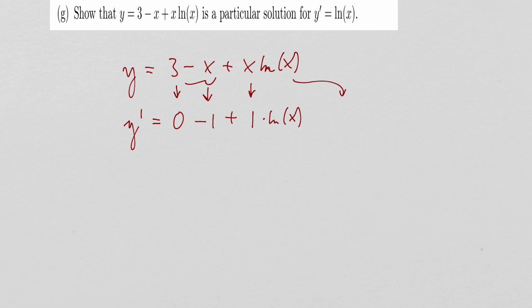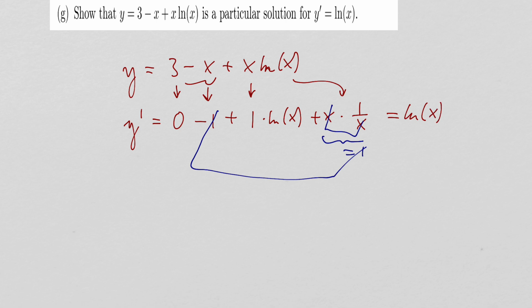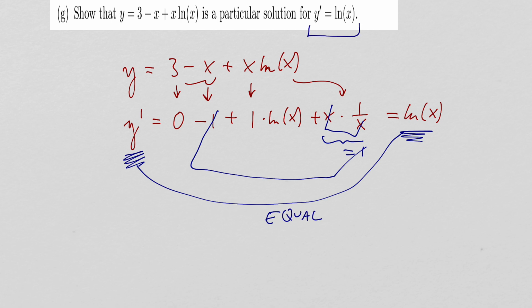Derivative of ln x is 1 over x. Here x's cancel out, so this is just 1. 1's cancel out, and we get that the derivative of y is just ln of x. So these things are equal. So the equation is true.